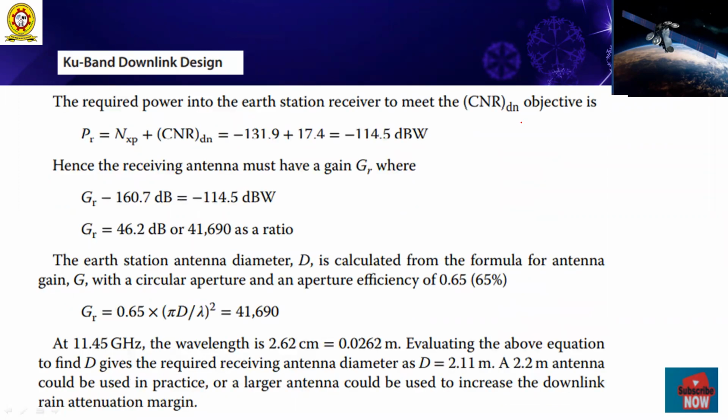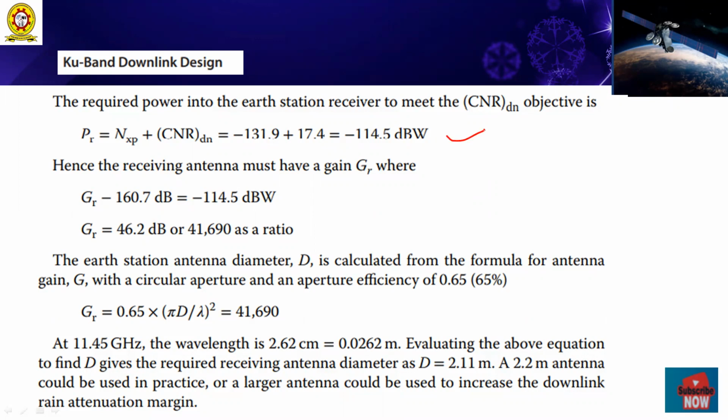In this example, it is easy to calculate the objective of the problem, which is simply to calculate the gain. For that, take the initial step from our theory. We have the received power formula, N plus CNR down. In our calculators, minus 131.9 plus 17.4 equals minus 114.5 dB.